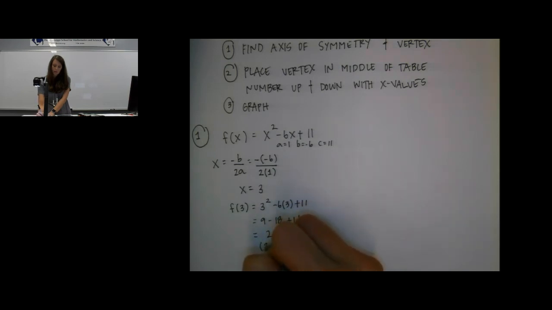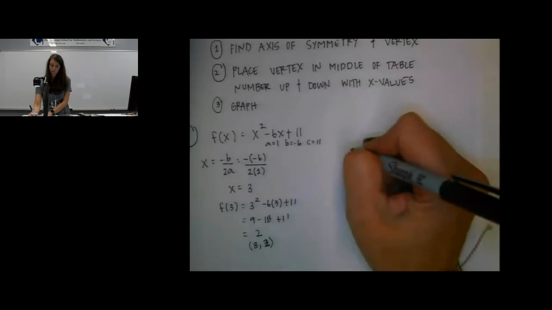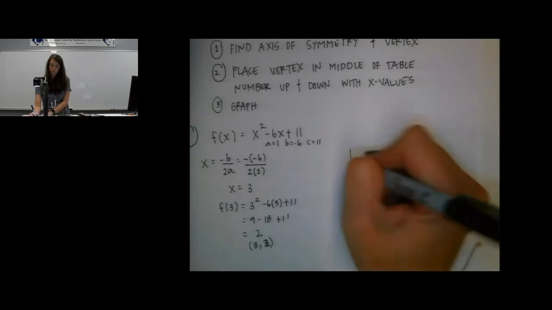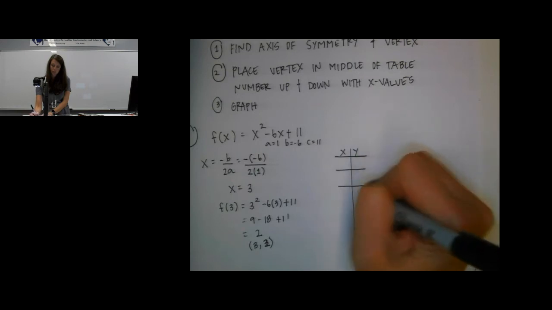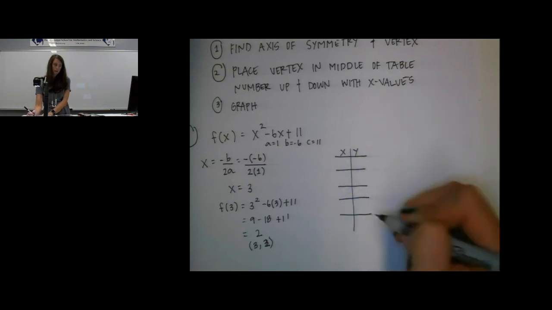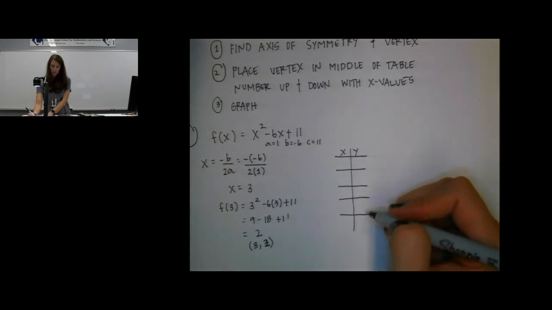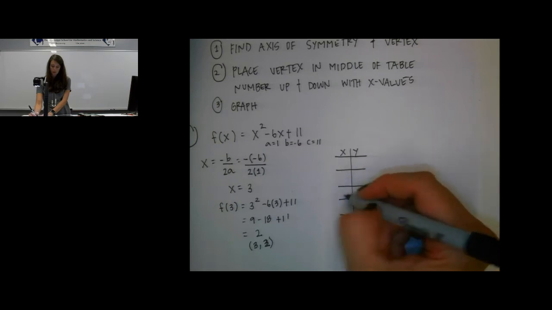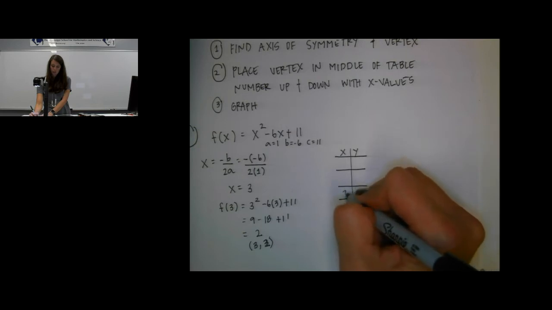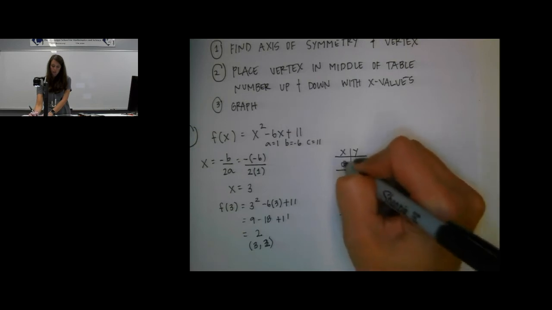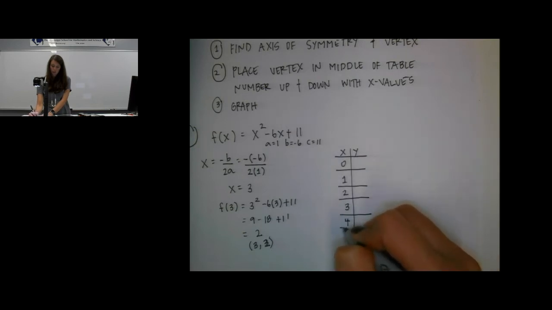So the vertex is going to be at (3, 2). So I'm going to place that number in the middle of my table. Okay, and then I'm going to go up, and then I'm going to go down.